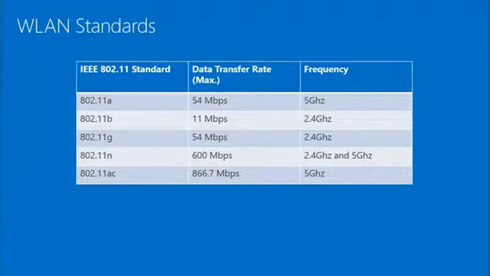And then they work at different frequencies. What we don't have on this table, because you wonder why A was 54 and B dropped down to 11, and then G came back up to 54, is that a lot of this was a distance thing. A had 54 megabits per second, but it was very short range. They went with B, they had to slow it down, but they got exponentially more range out of it. Then with G, they were able to take that same range and bring that 54 megabits per second back out that distance. And now it's just taken off, and we're getting faster and farther and bigger and better.